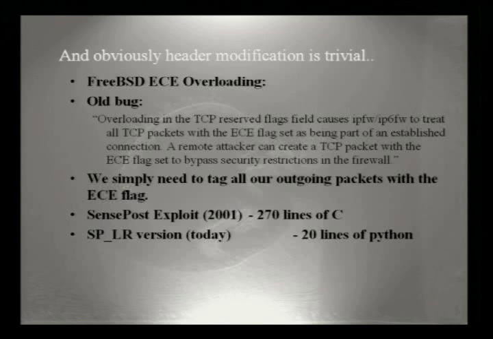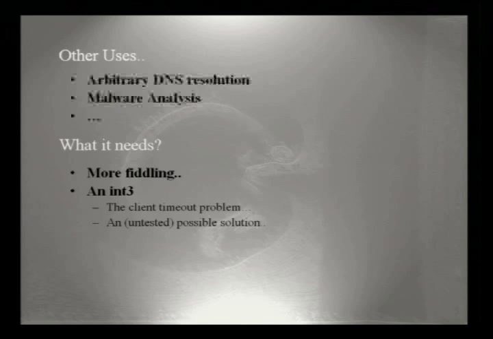So pretty much you should be able to say, grab this packet, do this, pass it on, and you'll be a happy camper. Other uses for it, we found you can use it nicely if you're doing some sort of malware analysis.